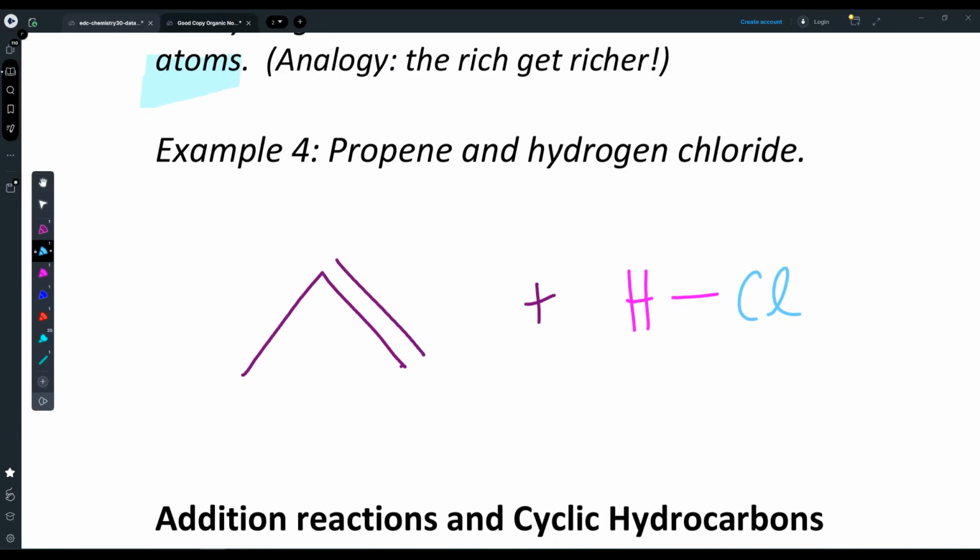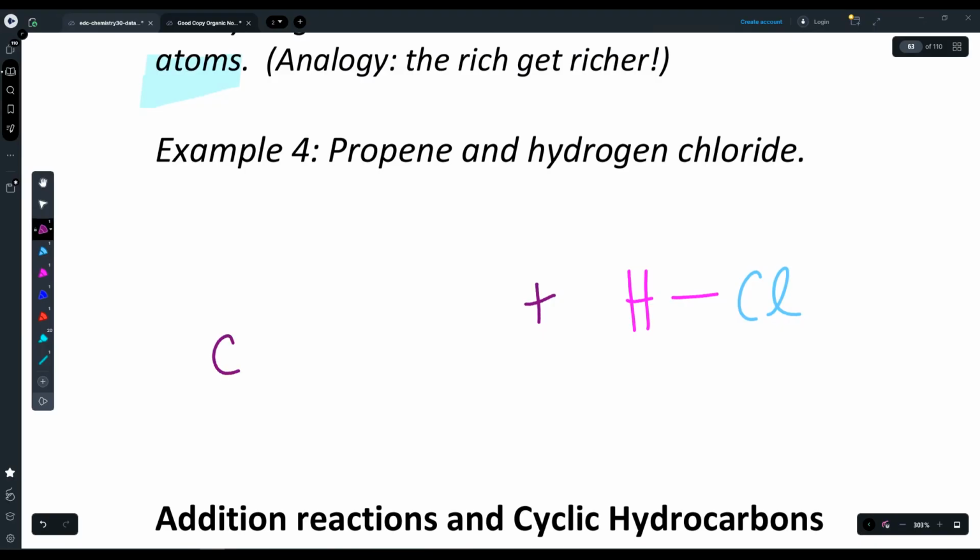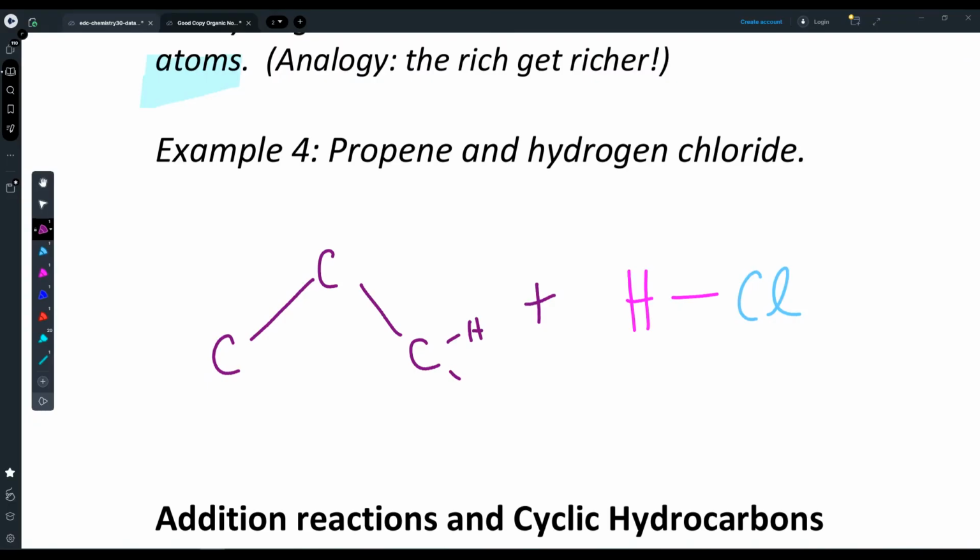Okay, so with what we have now, actually, you know what I'm going to do? I'm going to draw this, instead of a line diagram, as a structural diagram just so it's easier to see which carbon is more hydrogen rich. Actually, that one had the double bond to it.